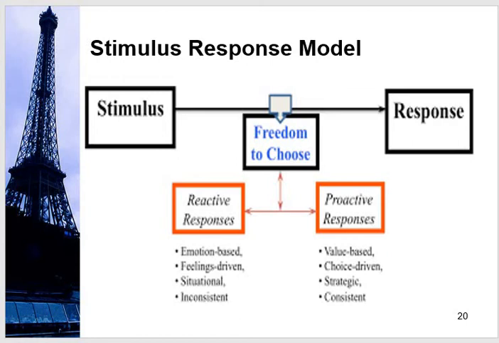Reactive responses can be emotion based, feelings driven, situational or inconsistent, and proactive responses can be value based, choice driven, strategic and consistent. So stimulus means the animal or human being is motivated to do something and practice is provided, and then the response is that the person or animal learns that activity and performs it in front of others.